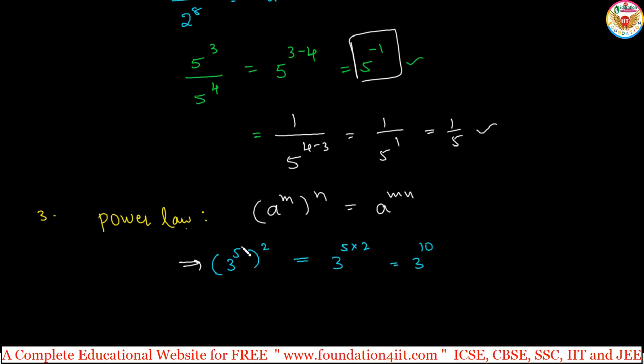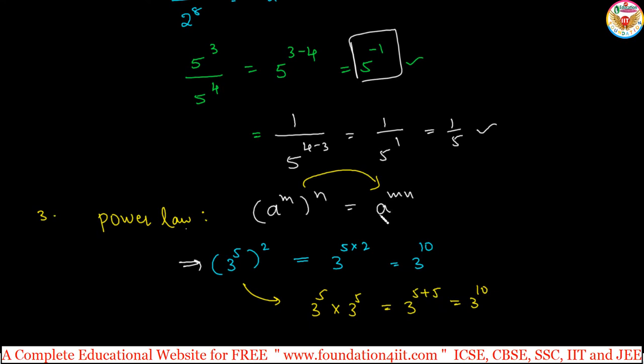That means 3 power 5 whole square, so 3 power 5 should be taken 2 times. 3 power 5 into one more 3 to the power 5. Obviously, with the product law, 3 power 5 plus 5, so 3 power 10 only will come. Or else directly we can apply this formula: a power m whole power n is equal to a power m into n.